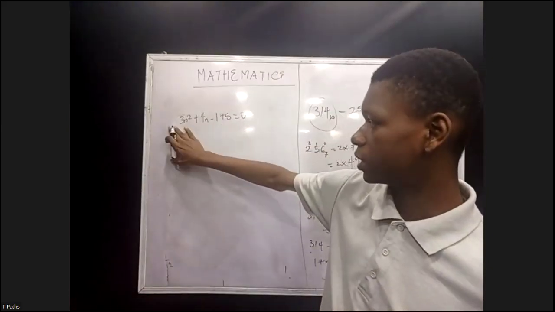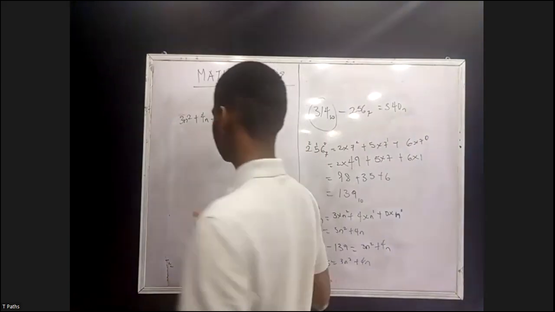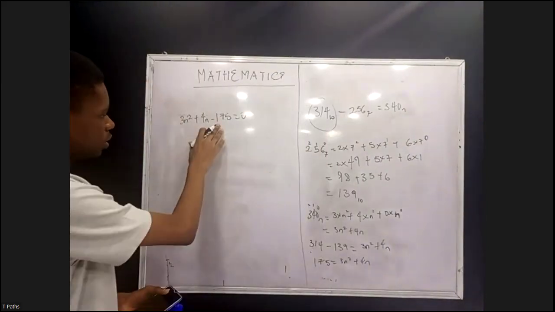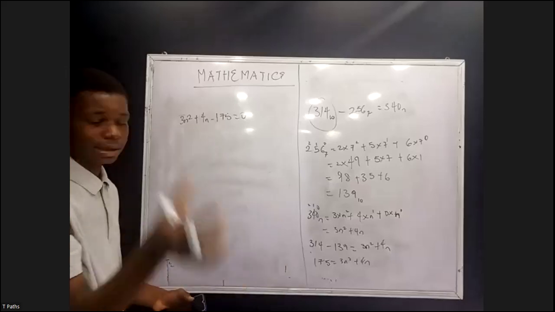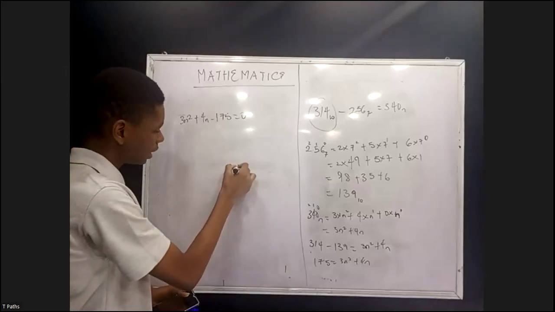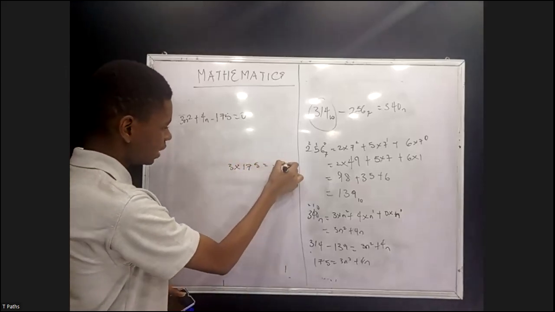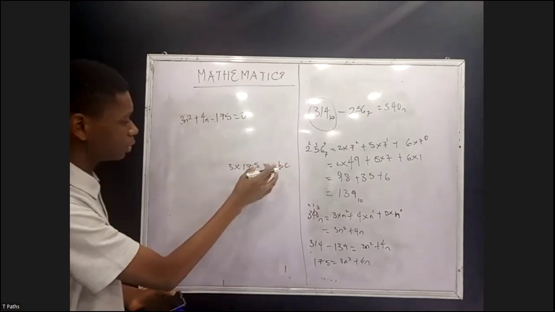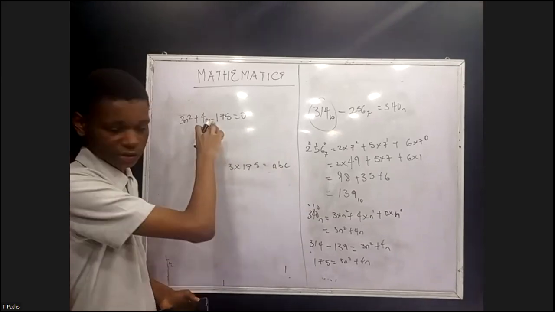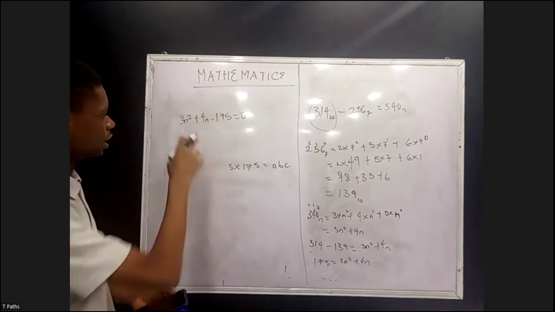I multiply 175 by 3, and I find the factors that, when I multiply them, give me that product, and when I add them up, I get 4. What do I mean? 3 times 175, whatever answer I get, let me say I get ABC. I'll find factors of this ABC that when I multiply them, I get minus ABC because of this minus here, and when I add them up, I get 4n.